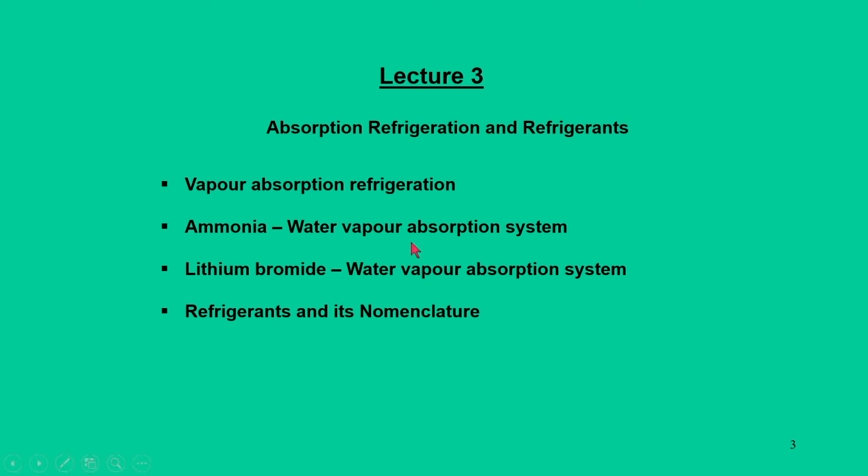Of course, vapor absorption refrigeration is not widely used, but it has its own importance. In particular, there are 2 types of vapor absorption refrigeration systems commonly used in practice: one is the ammonia water system, the other is the lithium bromide water system. Towards the end of this lecture, we will discuss refrigerants and their nomenclature.